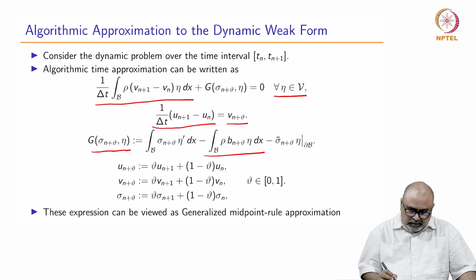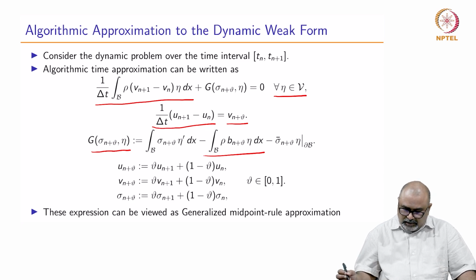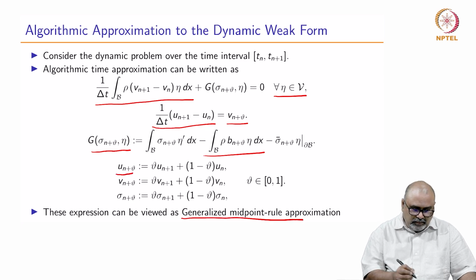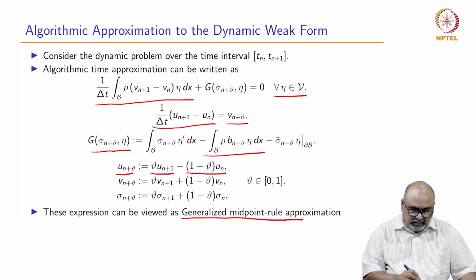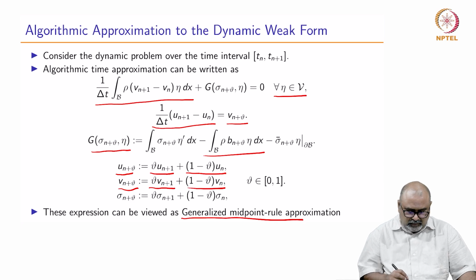So, following this time stepping procedure, one can write the generalized midpoint rule of approximation, where u_{n+ψ} is defined as ψ times u_{n+1} plus (1 minus ψ) times u_n. Similarly, for the velocity field, we can write ψ times v_{n+1} plus (1 minus ψ) times v_n.